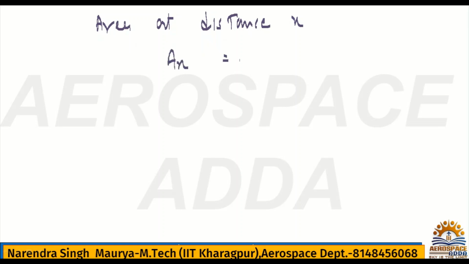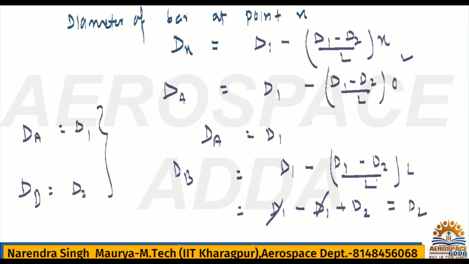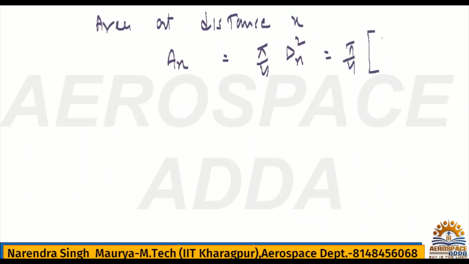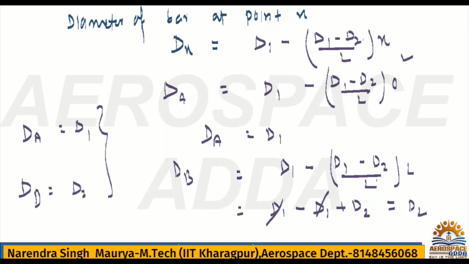What is the area at distance x? It is ax. What is the formula? Because it's a circular bar, so pi by 4, diameter at x is nothing but dx. Pi by 4 dx square. What is the dx? Dx you have now d1 minus d2 by L. Any constant you can take.